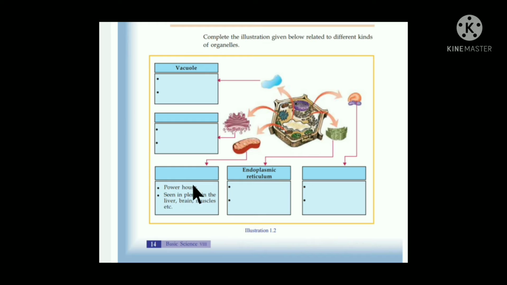Okay, so this is an illustration, isn't it? And we can call it a flow chart, concept map. Whatever way they ask, illustration, flow chart, concept map, all of these mean the same thing. This way of writing is what we call a flow chart or illustration. Let's look at it one by one.